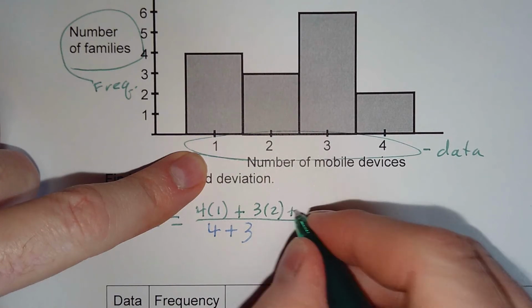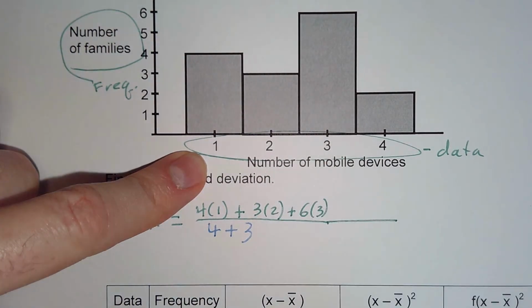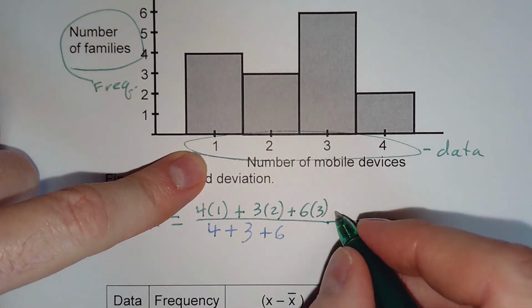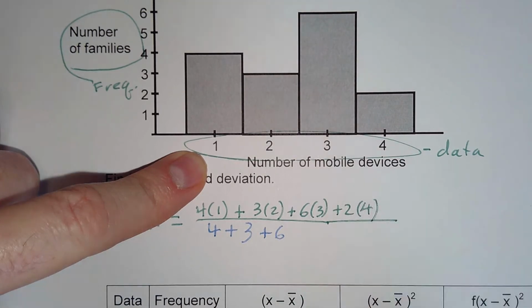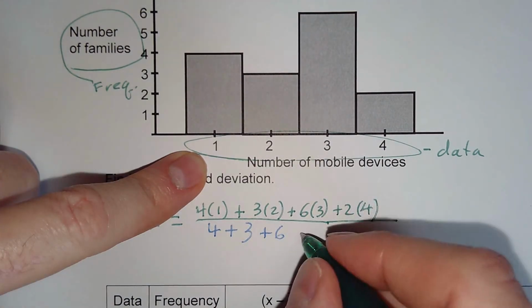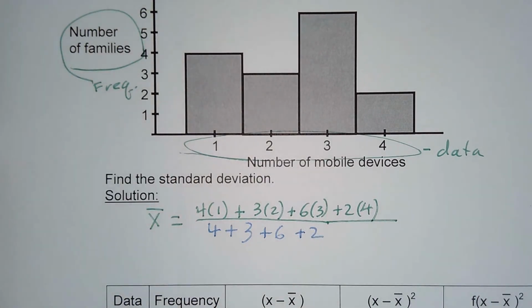I've got 6 families with 3 phones, so I'm going to add a 6 down here. And then I've got 2 families with 4 phones, so I'm going to add a 2 underneath here. And then we're just going to go ahead and add these up.